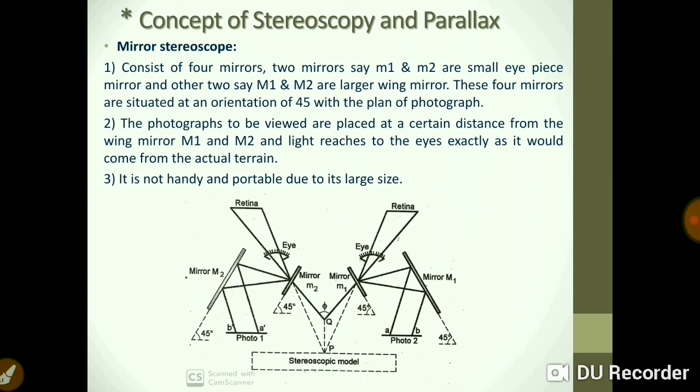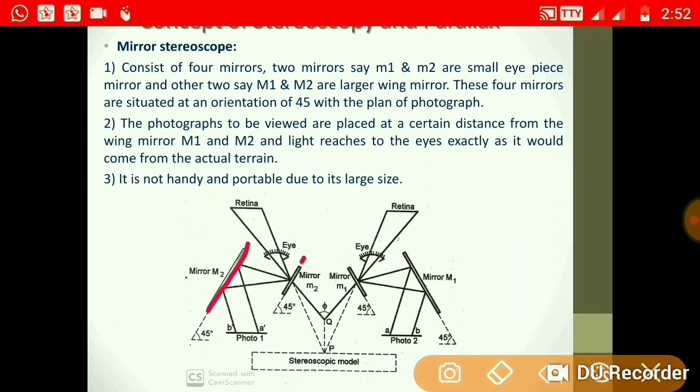See, 1, 2, 3 and 4. So there are 4 mirrors. 2 mirrors, say M1 and M2, are small eyepiece mirrors, and the other two, capital M1 and capital M2, are large wing mirrors. So see the arrangement, how it is done.